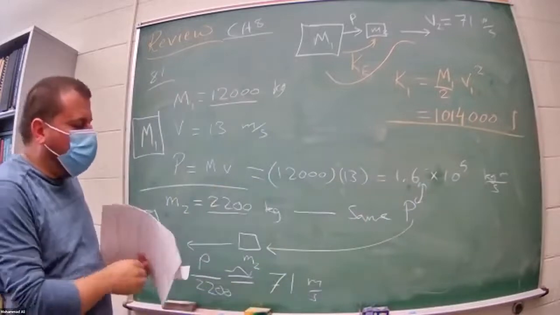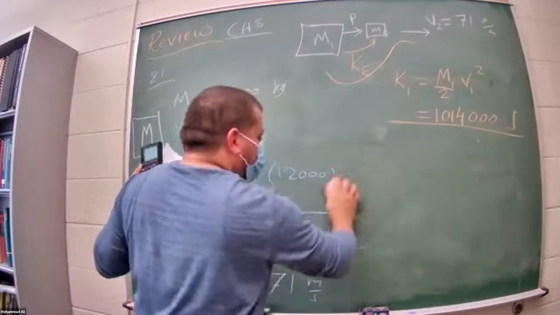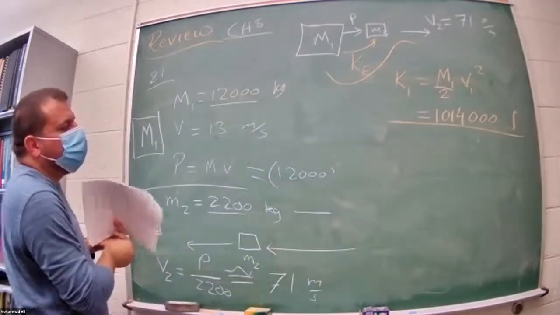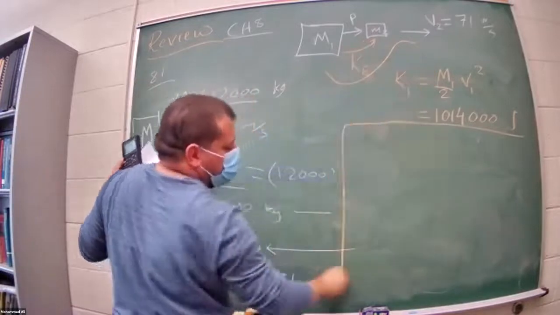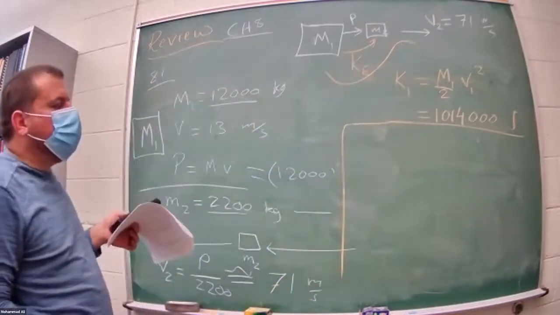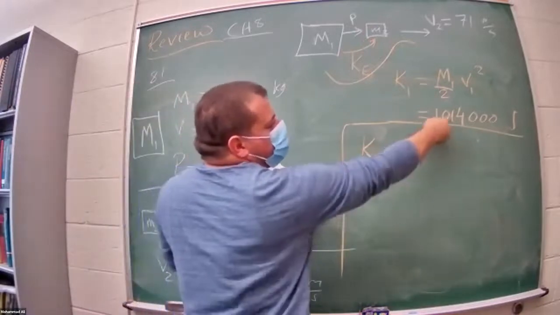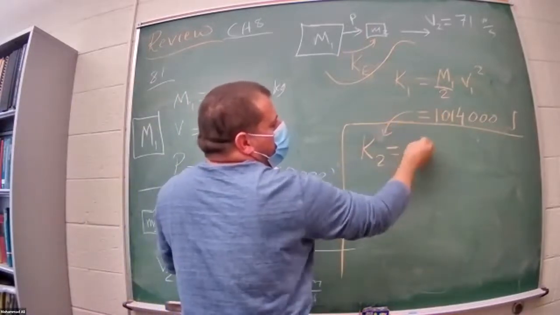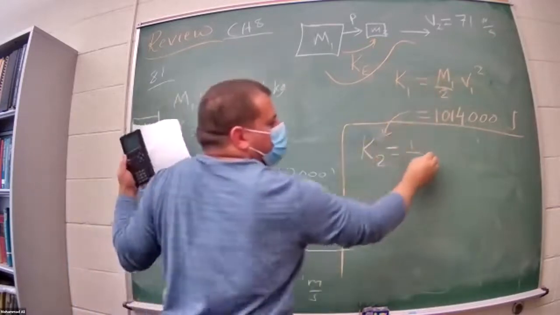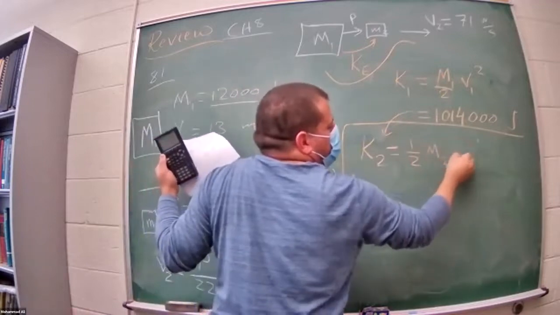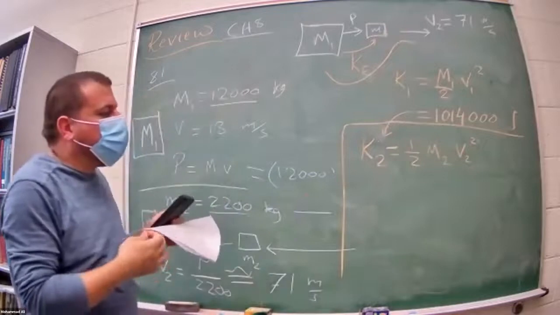What if we need to find the velocity for the second object? Now we give this object this energy. So the kinetic energy for the second object is the same as this one, which is 1 over 2 mass 2 multiplied by V2 squared. Now this V is different than that one.